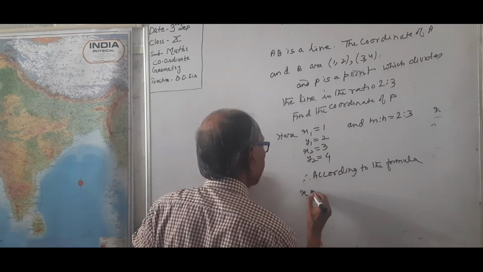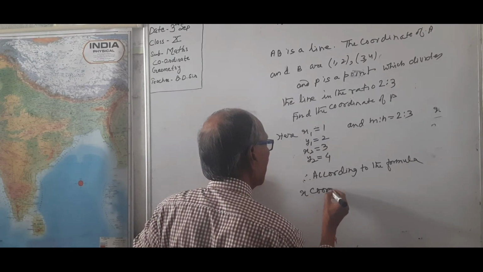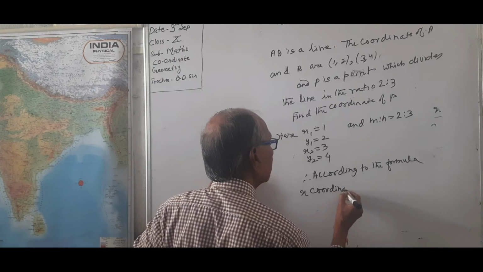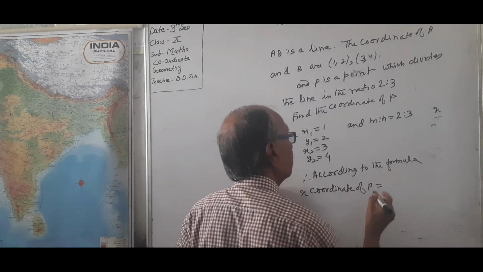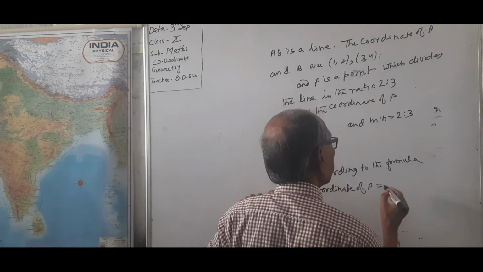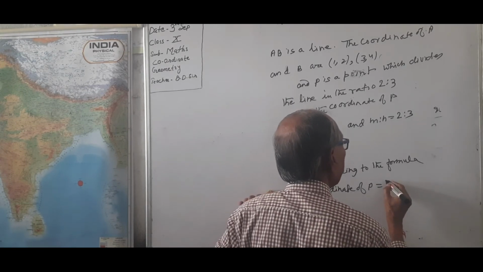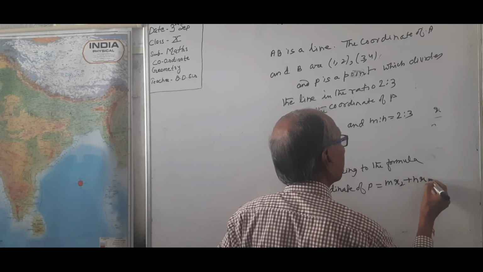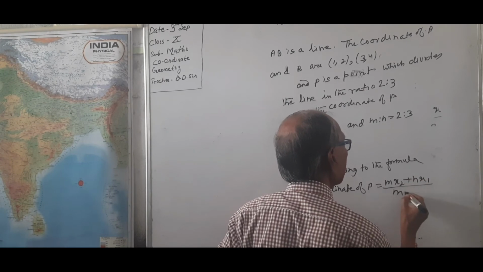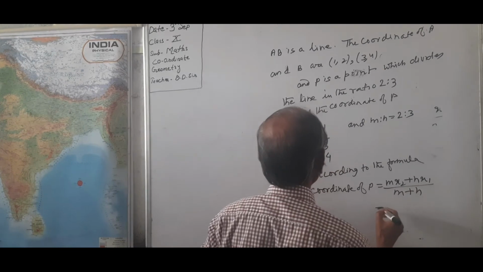x coordinate of P is equal to, I am writing the first formula for your convenience, (mx2 + nx1) by (m + n). All values are given.